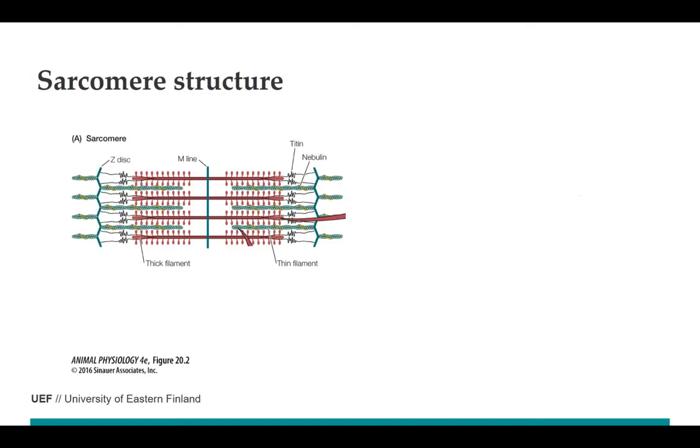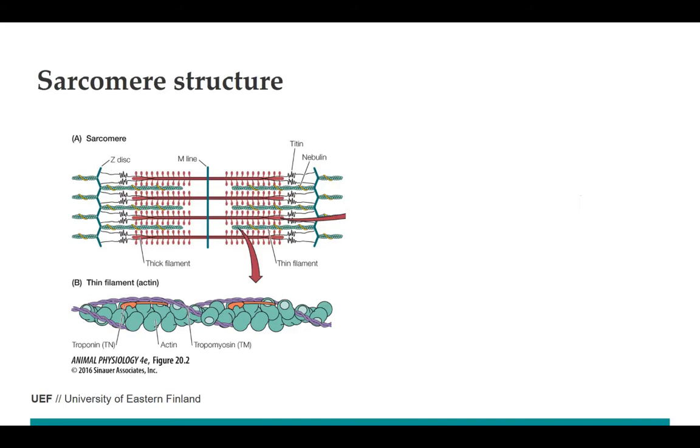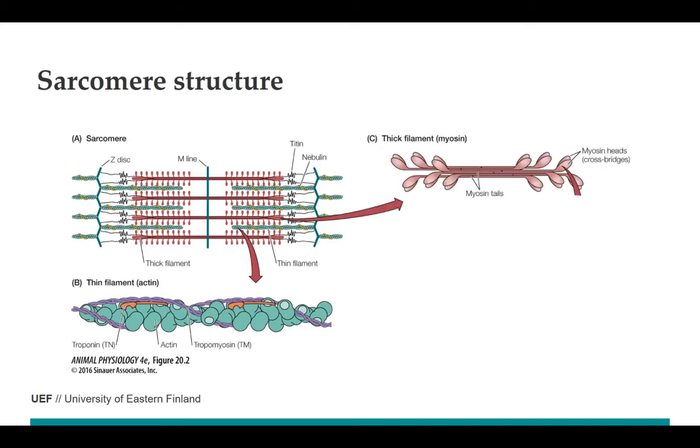But let's focus in more detail on the sarcomere structure. So we have thin filament and thick filament. The thin filament is made of actin, and not one actin, but several actins bound together to form this kind of macroscopic structure. And beside the actin, there is also troponin and tropomyosin. And then the thick filament is based on the myosin, and it looks completely different.